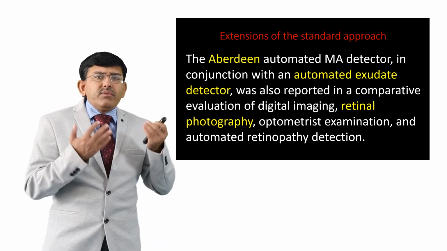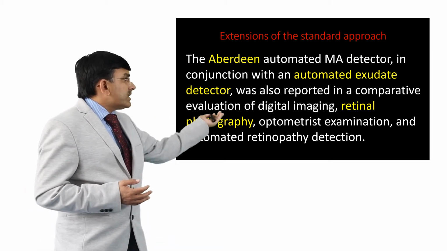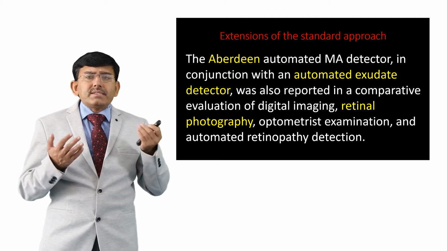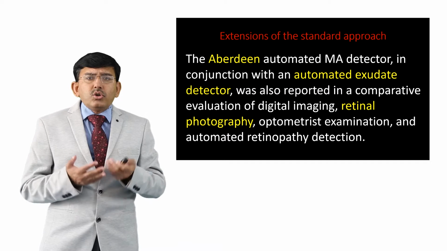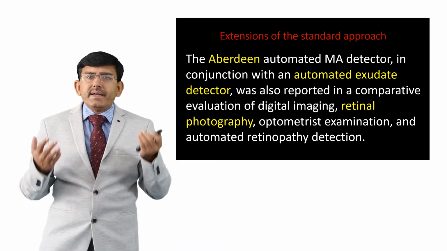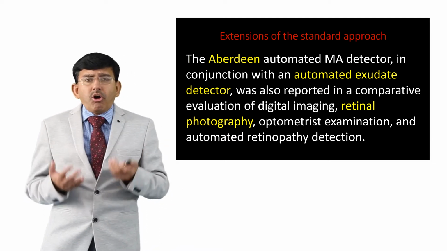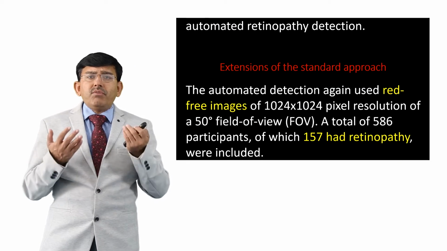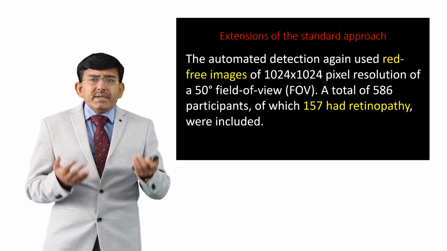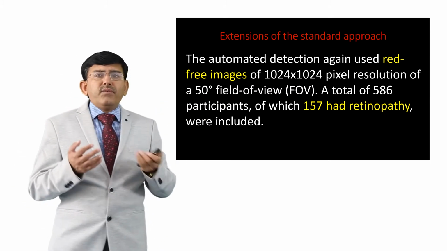a comparative evaluation of digital imaging system, retinal photography, optometric examination and automated retinopathy detection process. The automated detection again used red-free images of 1024 by 1024 pixel resolution of a 50-degree field of view, that is called FOV.